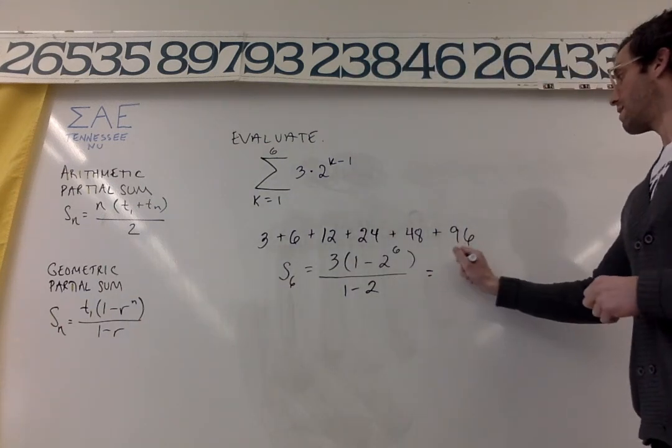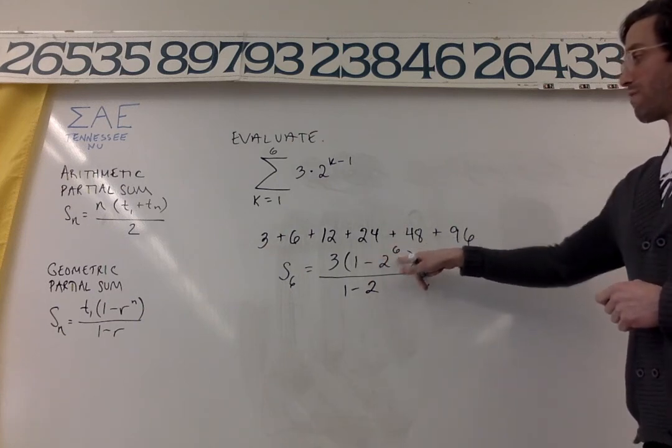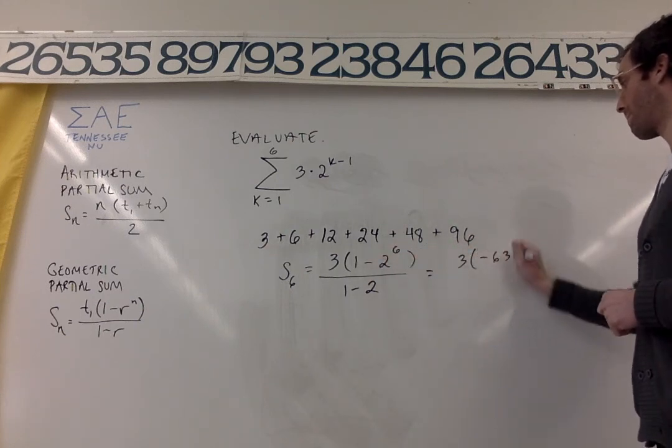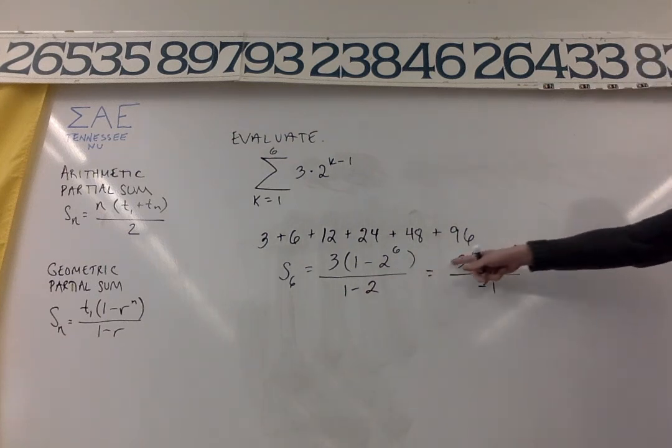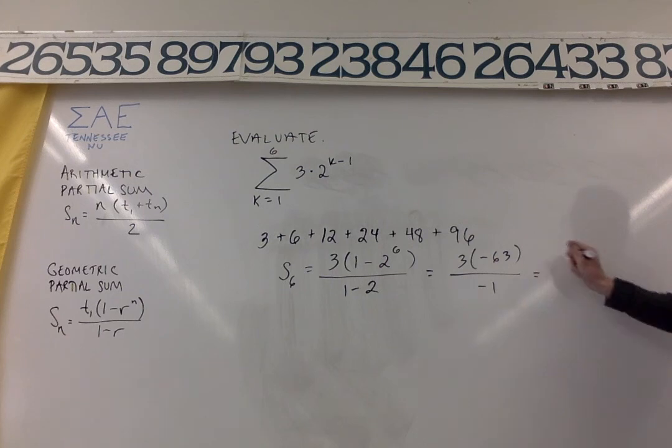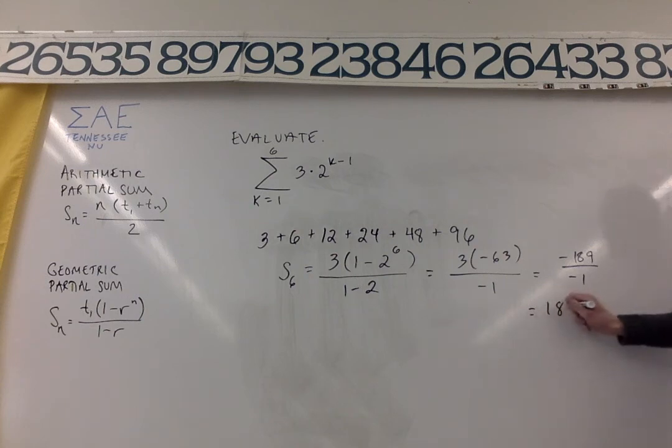So we have 3 times 1 minus 64 is negative 63, all over negative 1. So 3 times negative 63 is negative 189, all over negative 1. So we get 189 as the answer.